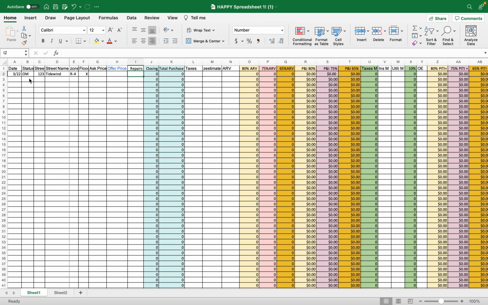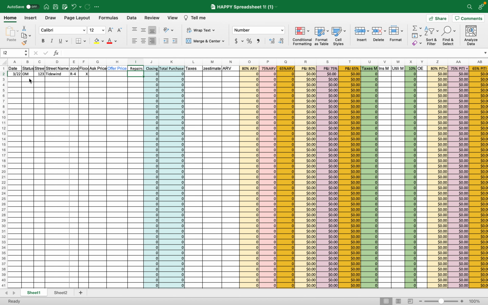Typically when I'm looking at properties, let's say it's on the MLS and I can see pictures, if the property looks like it's in good condition, I'm going to estimate about $10 a square foot. If it needs some updating, I'm probably going to put about $20, $25 a square foot. If it's a total remodel, like a new kitchen or bathrooms or both, I'm going to estimate about $30 to $35 a square foot.